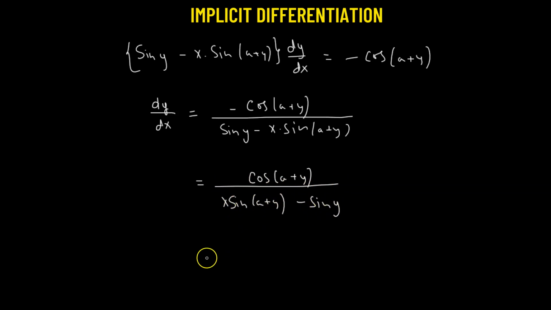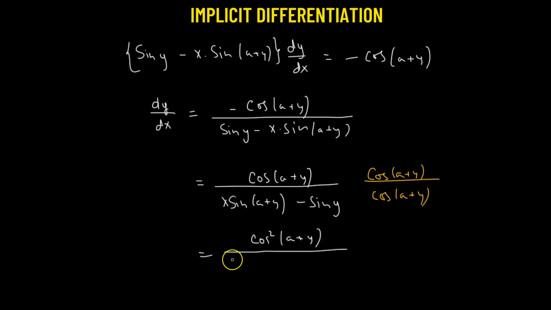Fine. So what we'll do, we'll multiply both numerator and the denominator by cosine of (a plus y). This is going to now give us cosine squared (a plus y) in the numerator, and in the denominator we have x times cosine of (a plus y) multiplied by sine of (a plus y) minus sine of y times cosine of (a plus y).